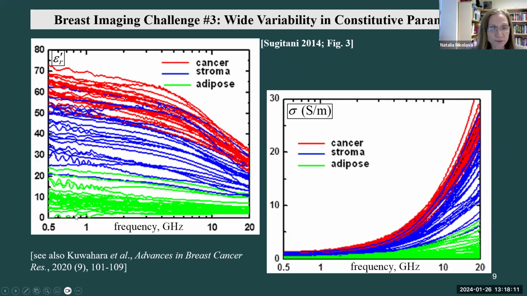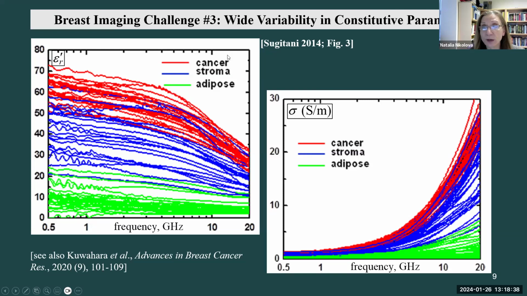On the left plot, you see measurements reported by the team in Japan, Professor Kikawa's team, and you can see here the cancer, the stroma, fibroglandular, healthy tissue, adipose, fatty tissue. On average, there is contrast, and the contrast can be anywhere between 50 to 100%, depending on the frequency range.